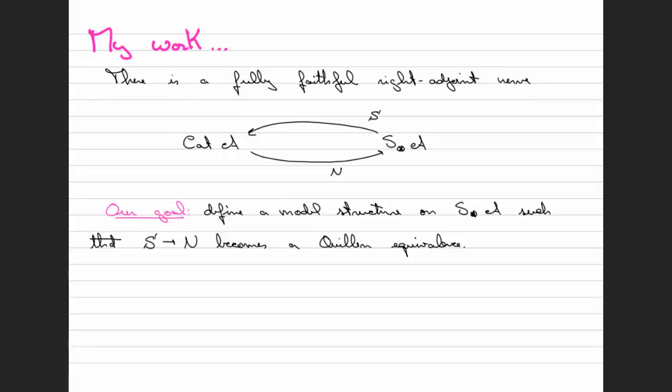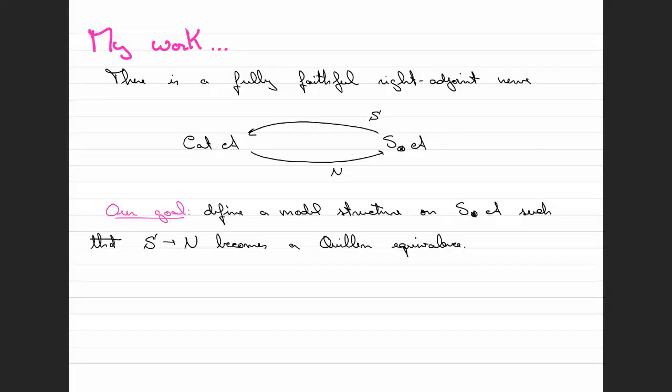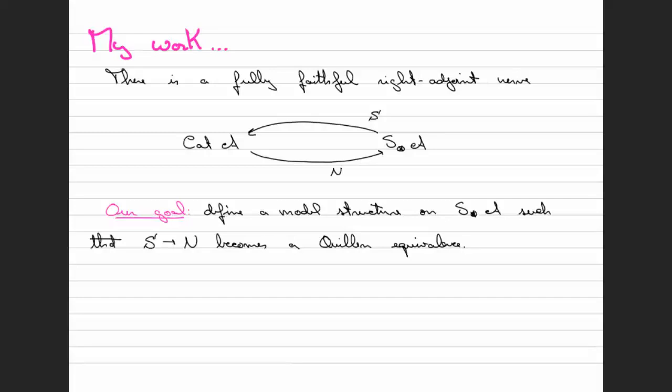So, my work concretely. We have the nerve, and we can still define it in this context. It takes strictly enriched categories, so A can be topological spaces, A can be chain complexes. So we know what this side is, and we have the comparison via the nerve with templicial objects.